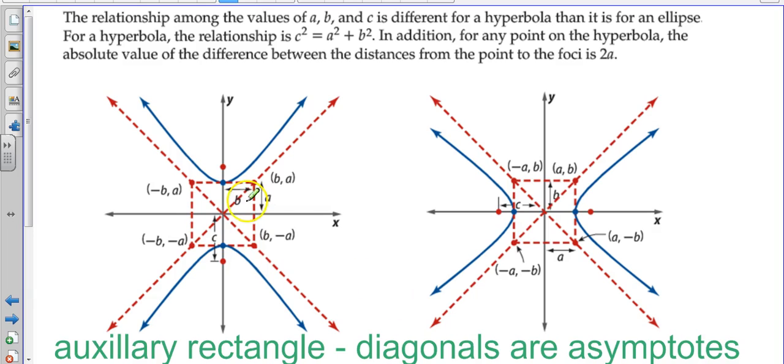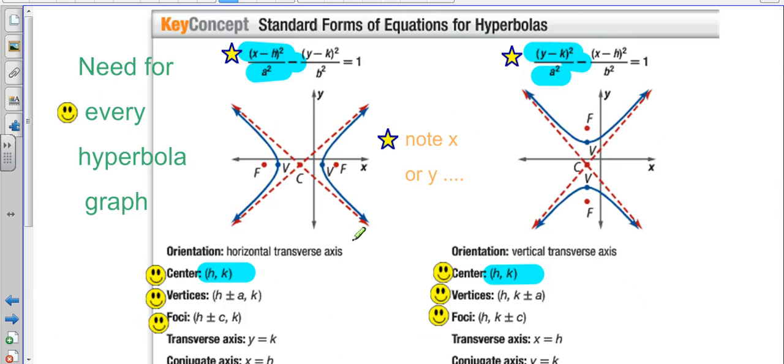All right, the auxiliary rectangle is what some books call this, and that's based on the a and the b. What you need to know here, everybody paying attention to this slide? Everybody got their pink sheet handy? Okay.